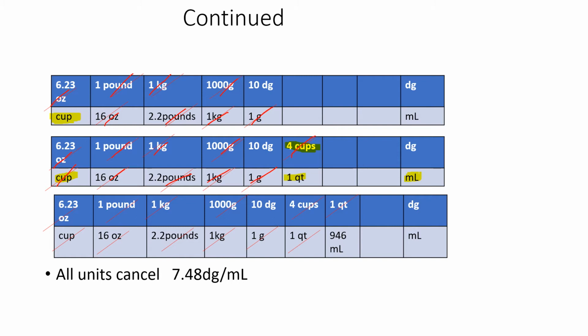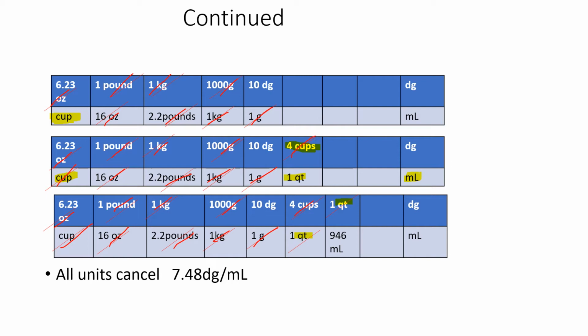If we go back and redo our old canceling a little bit darker, just to re-show where we're at, we took care of ounces, pounds, kilograms, grams. Decigrams we didn't; we wanted to leave those, and we did. Cups taken care of. Now I can use that quarts and milliliters conversion. I have quarts in the denominator, so in order to cancel, our quarts need to be in the numerator.